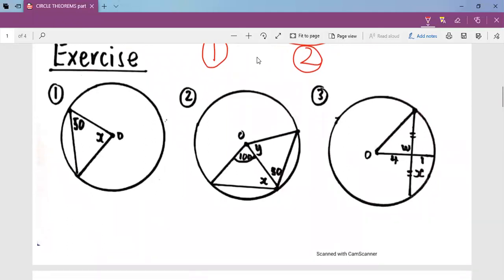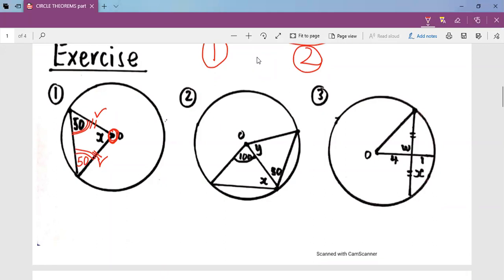Question number one, this is my center here. If this is my center, this is my radius and this is my radius. Therefore, this line and this line will always be equal. So if this corner is 50, it means even this corner will be 50.